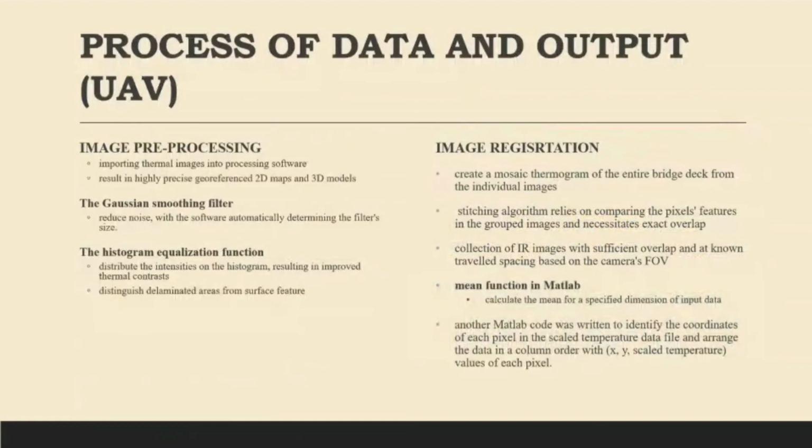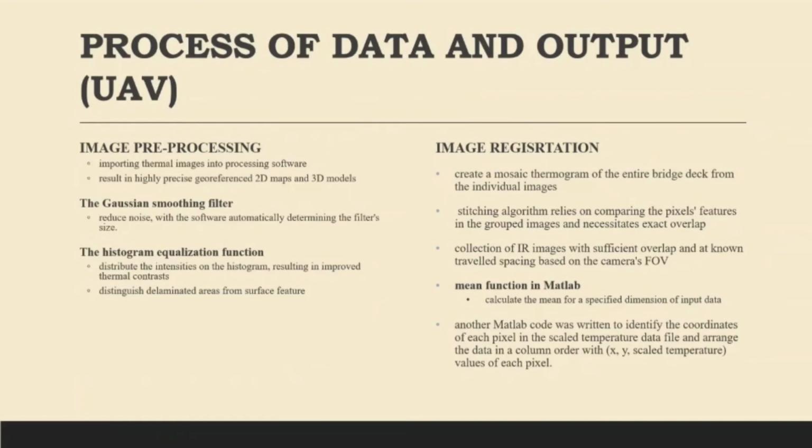Then, process of data and output of UAV, we have 4 steps. First of all, image pre-processing, which is exporting thermal images into the processing software, resulting in highly precise reference maps and 3D models.